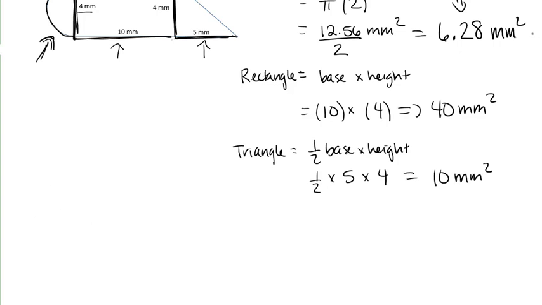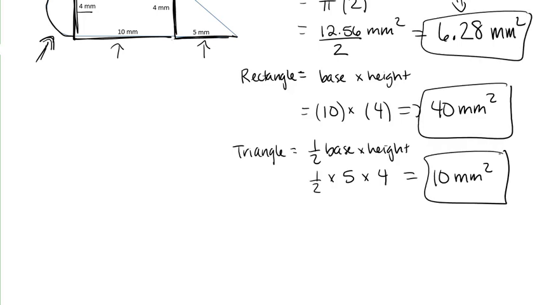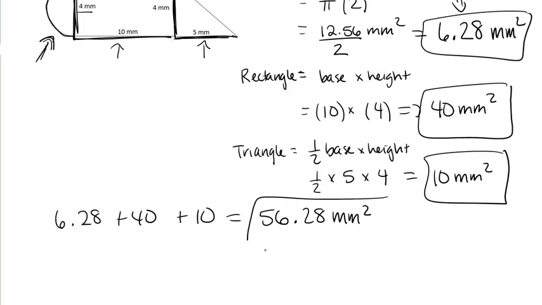So altogether, we need to add this number, and this number together to get the area of the whole shape. So we find 6.28 plus 40 plus 10, which is then equal to 56.28 millimeters squared.